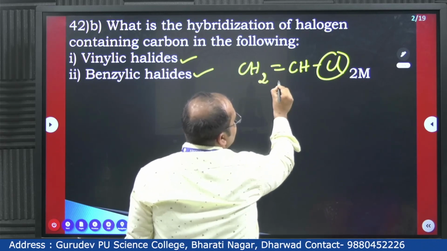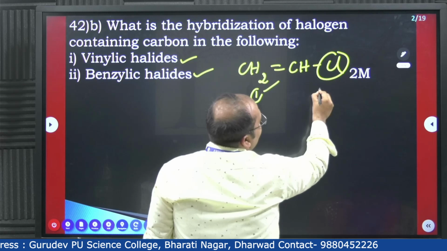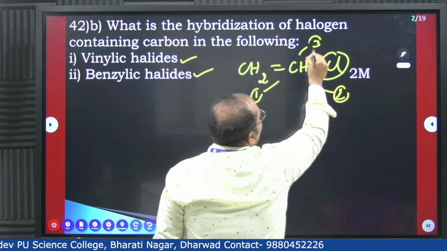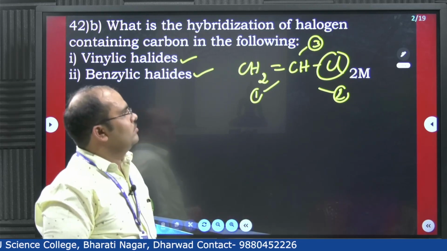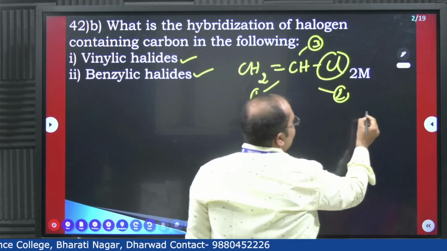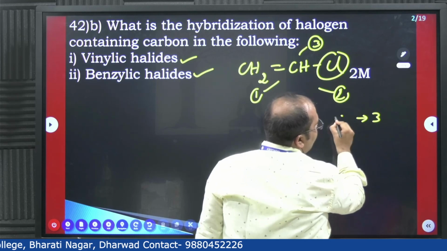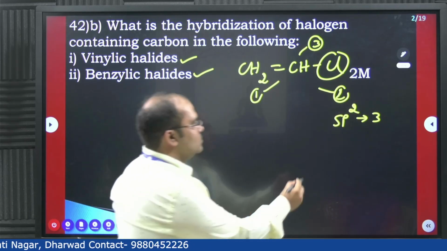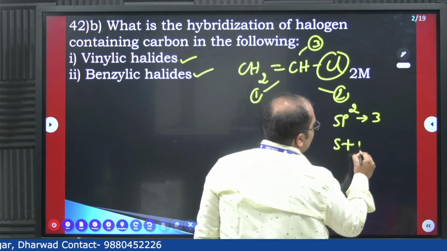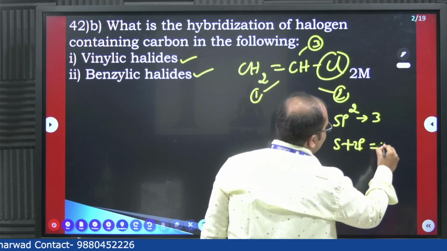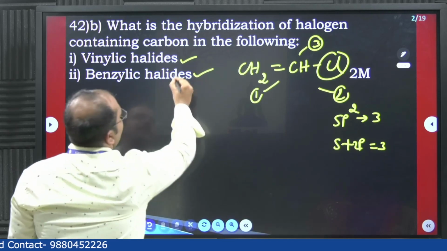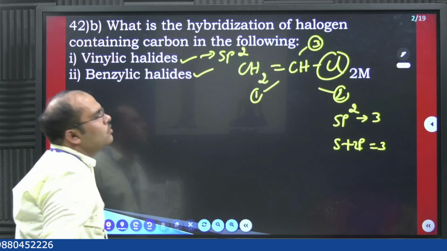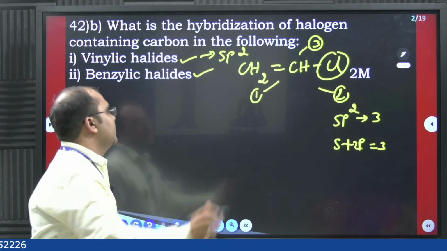Here one carbon is attached, another chlorine is attached, that is 2, and another hydrogen is attached, that is 3. So we get 3, and for 3 we can tell sp2, is it right? That is 1 s and 2 p orbitals, equal to 3. That's why vinylic halides undergo sp2 hybridization.